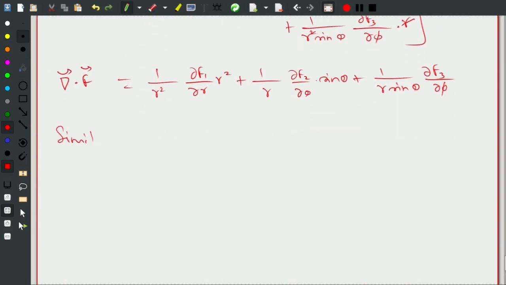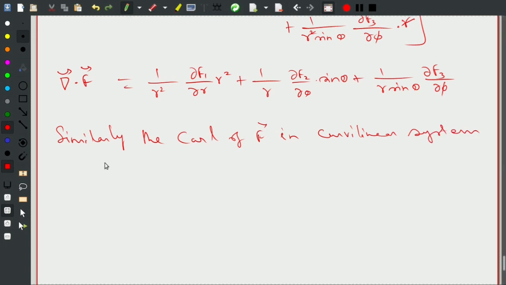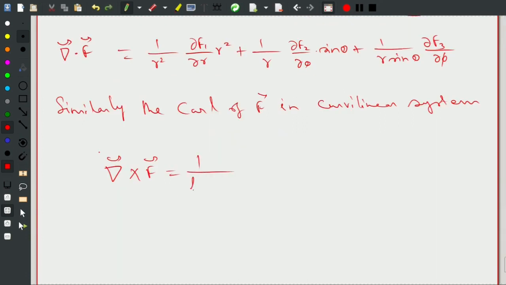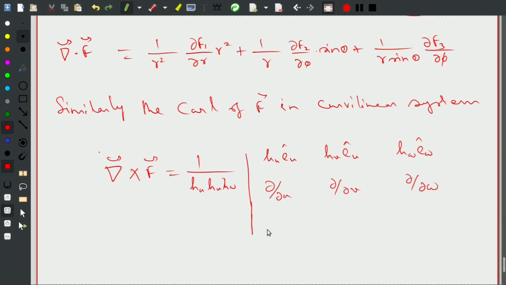Similarly, the curl of f vector in a curvilinear system can be written as: curl of f vector is nothing but del cross f, and is equal to 1 over h u h v h w times the determinant with rows h u e u cap, h v e v cap, h w e w cap; the derivatives dou by dou u, dou by dou v, dou by dou w; and the coefficients h u f1, h v f2, h w f3.